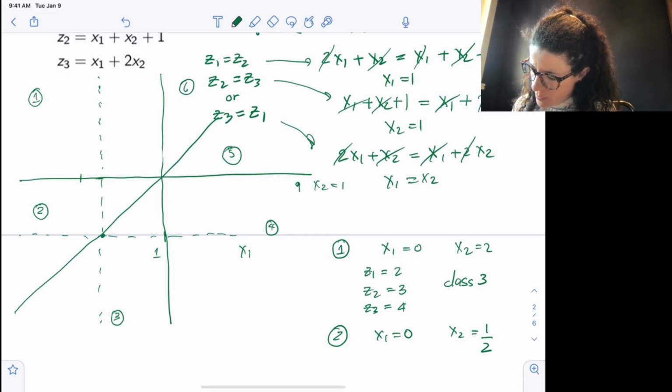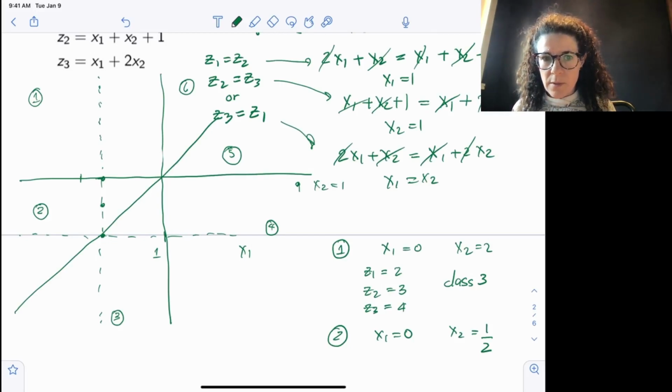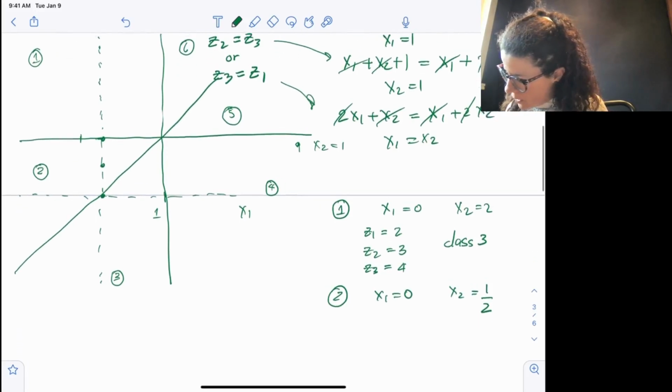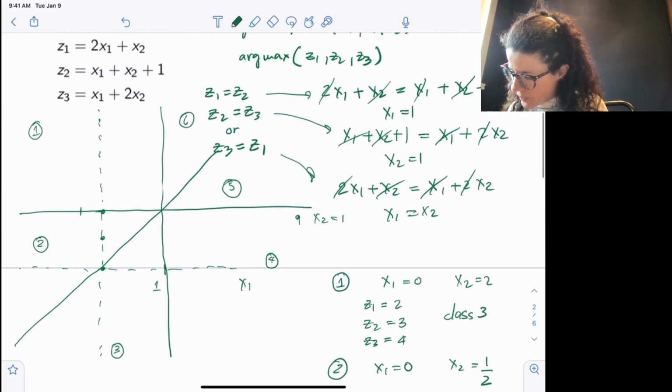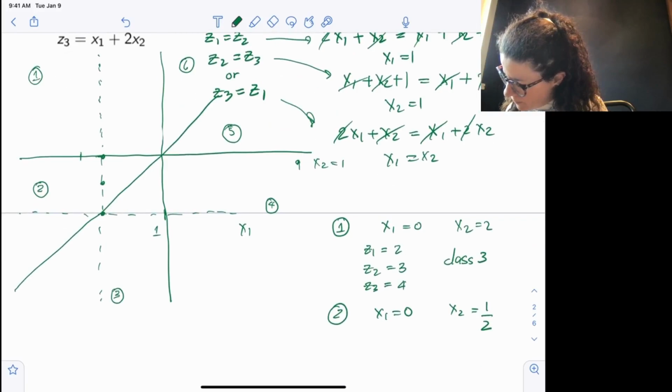This point here is 0, 1. So a half is in here. Okay, so now let's compute, so that would be 2 times x1 plus x2. So z1 is going to be 1.